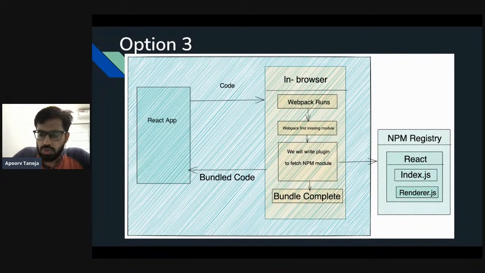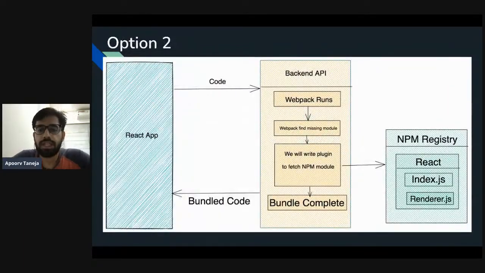In approach 2, the benefit we'll get is we can cache npm modules. Whatever request we send to the backend API, we can cache it. So whenever a person requests again, we can use the cached response and send it back to the user, and it will be faster on devices which are running on slow internet. So this will be helpful.